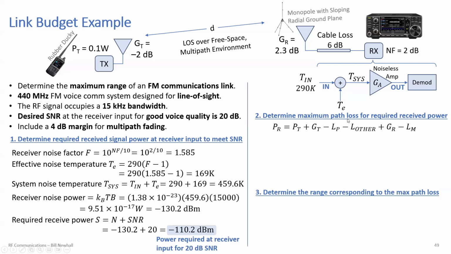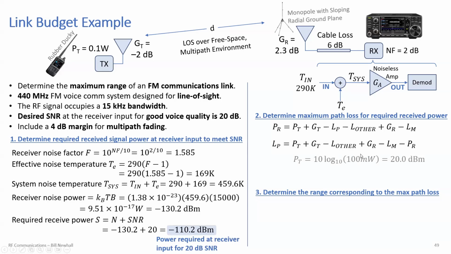Step 2, let's determine the maximum path loss allowed for receiving that power. So here's that equation. The received power is the power transmitted plus the gains of the antenna minus the losses. I can rearrange that to solve for the path loss. I'm working in dB, dBm units here, so that we can use addition and subtraction instead of multiplication and division.